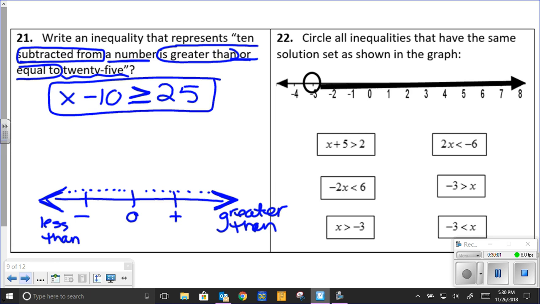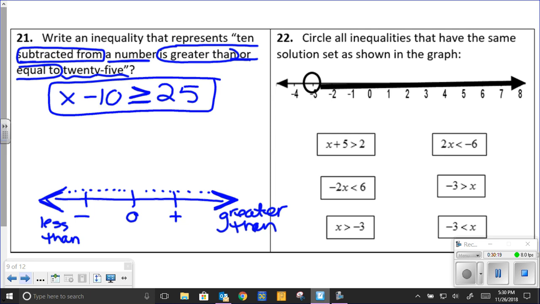All right, they love to do these kinds of questions on an SOL where you have to click on all that apply, and they make you work out all these problems to figure it out. So it says to circle all inequalities that have the same solution set as shown in the graph. First of all, what is the solution set?